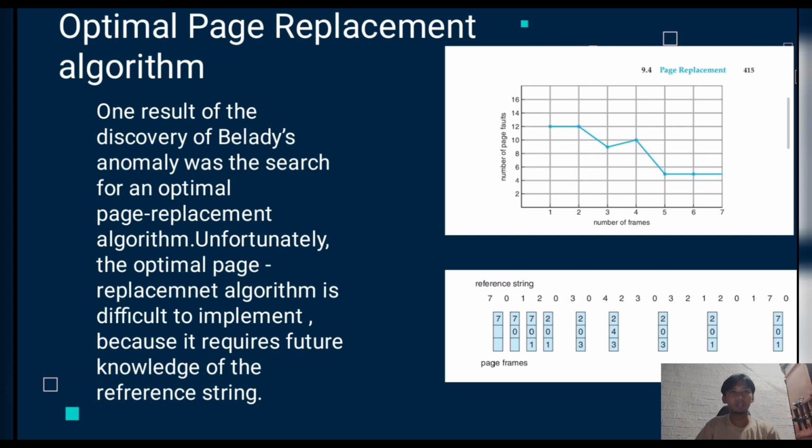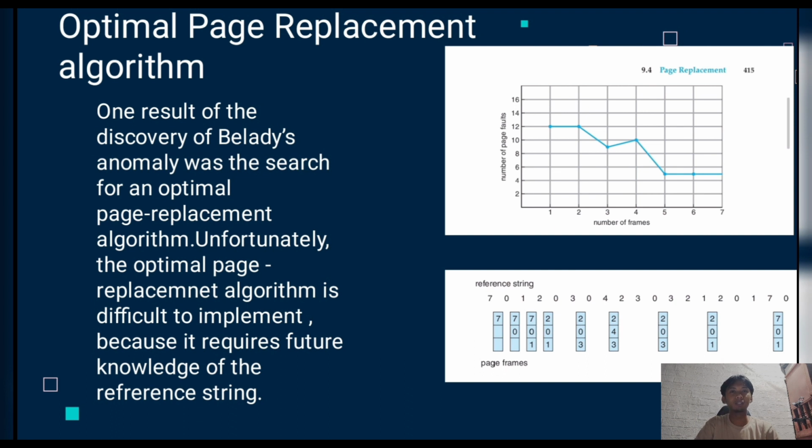As you can see in the two figures, the number of frames and the page frames. The algorithm that has the lowest page-fault rate of all the algorithms will never suffer from Belady's anomaly. Such an algorithm does exist and has been called OPT or MIN.